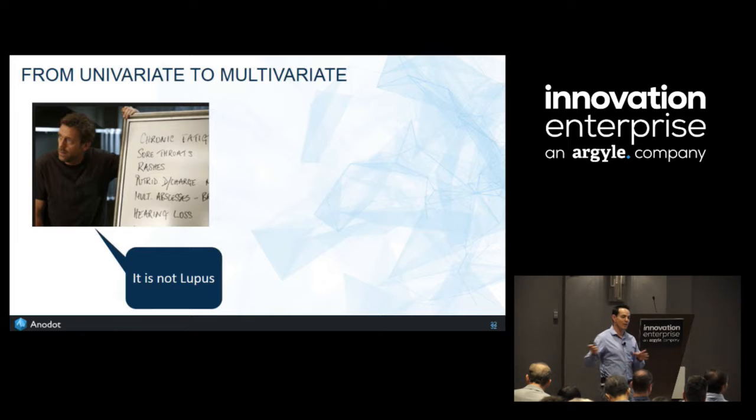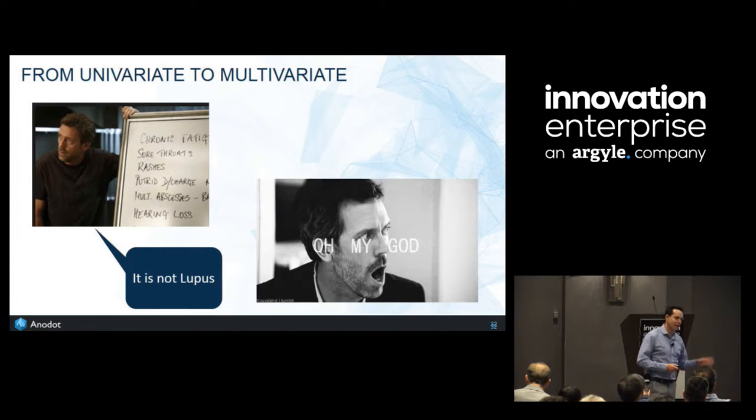And then he goes somewhere else, and suddenly he has a kind of light bulb moment, and he knows what the problem is, and he understands the root cause, and the patient leaves till the next episode. This is talking about going from univariate to multivariate, and basically it's talking about correlation.